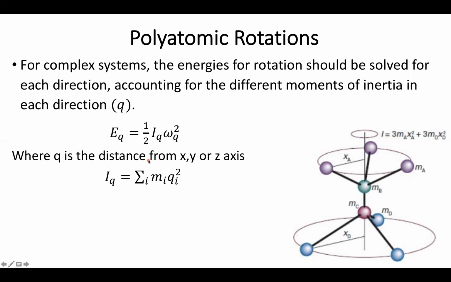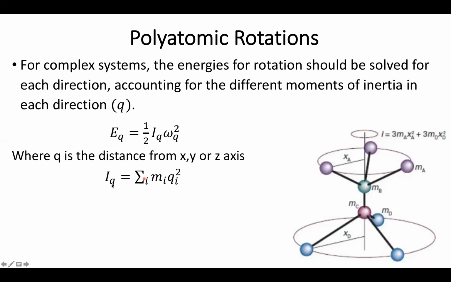And we can do this by utilizing our good old equation: the moment of inertia can be given by the sum of the masses of each of the atoms and the distance from the center of the axis, which can be thought of again as the center of rotation.